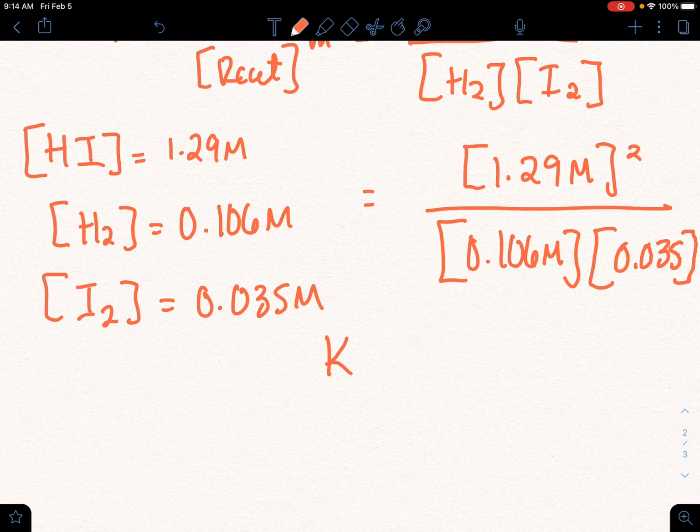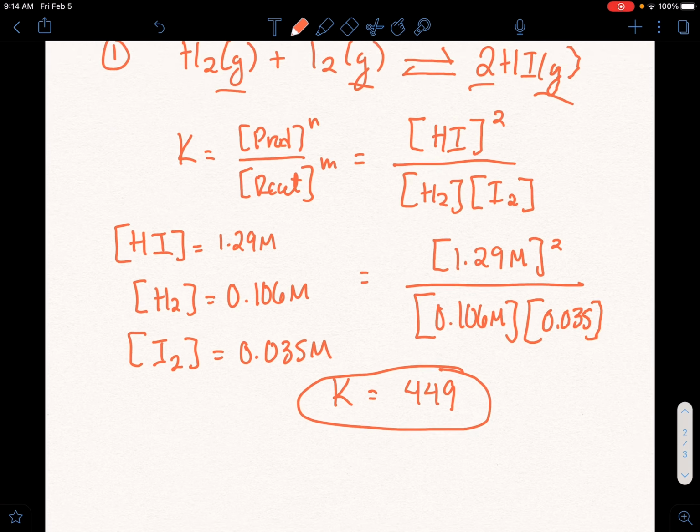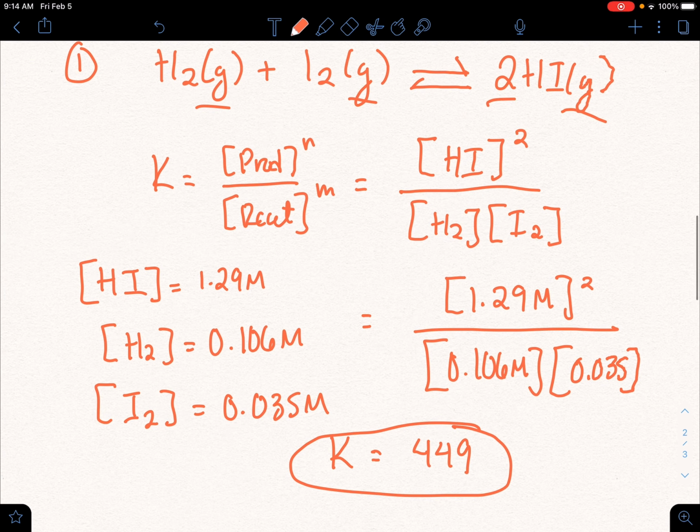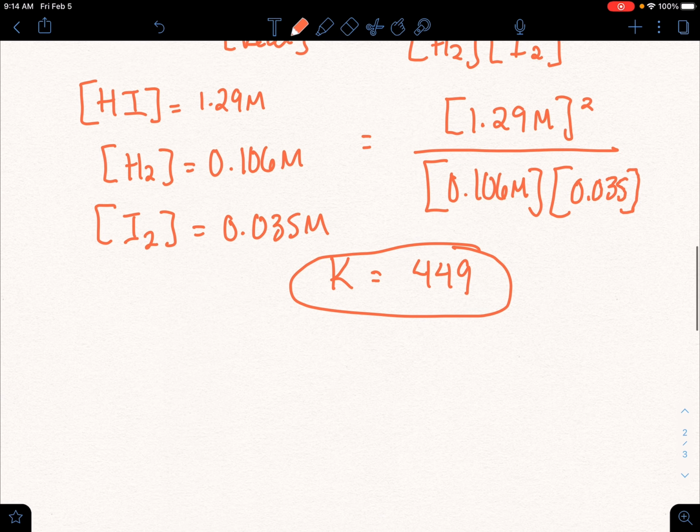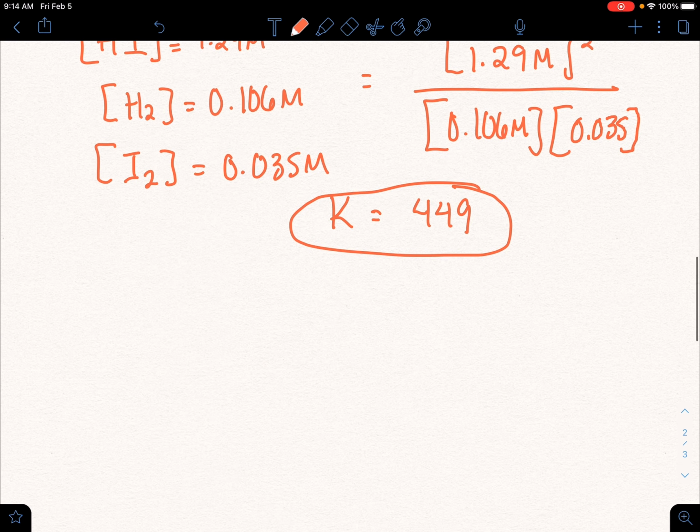But Kc, or just K, is equal to 449. So obviously this is a large value for K, which means that this reaction likes to form products, or favors the products here. When calculating our equilibrium constant, we must always use our equilibrium concentrations.